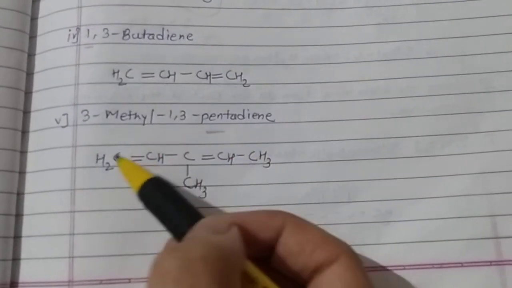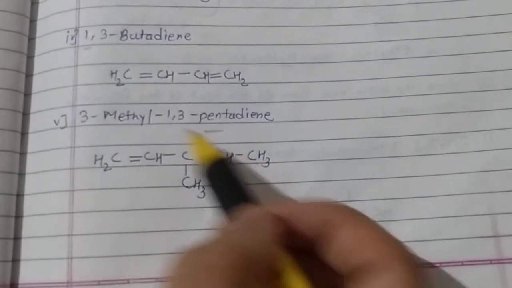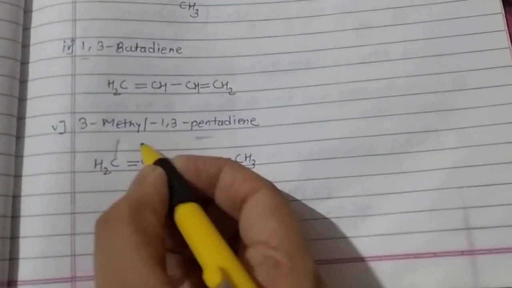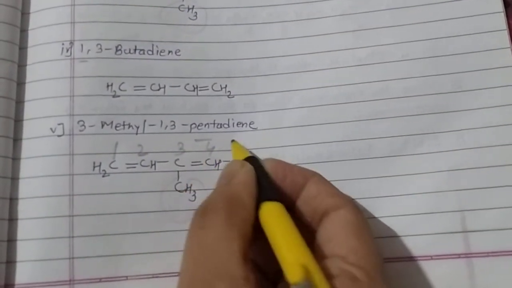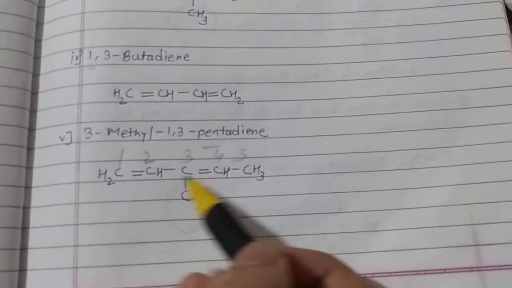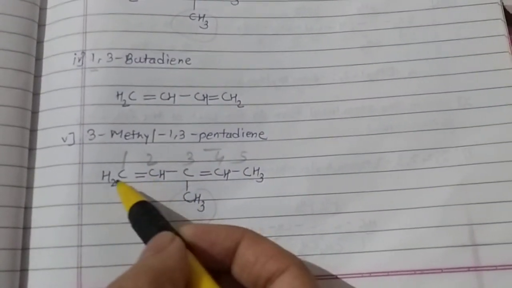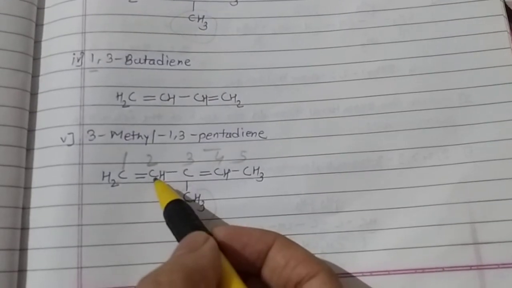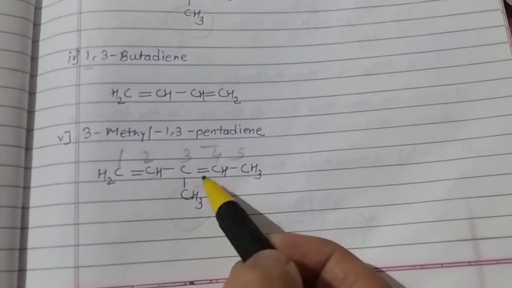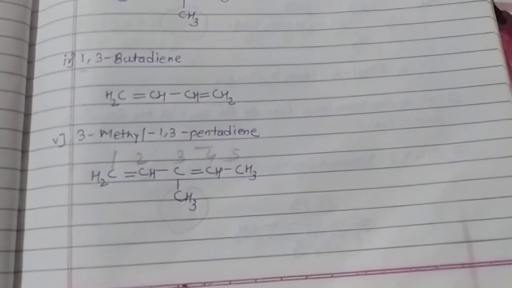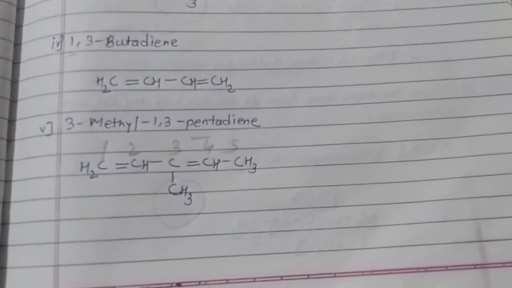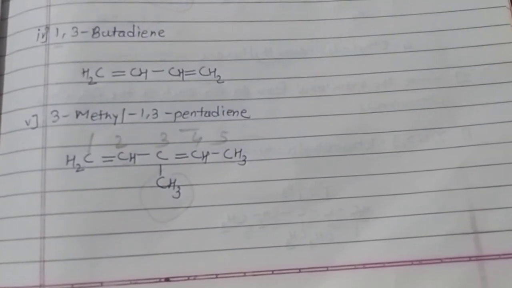So pentane, so first draw 5 carbons, then third carbon has methyl group, we can number. So third carbon has methyl group, and 1 and 3, okay. So 1 position is this in between first and second carbon, and 3 position is in between third and fourth carbon, okay. So it is satisfied, and finally draw the hydrogen atoms according to how many bonds carbon makes.